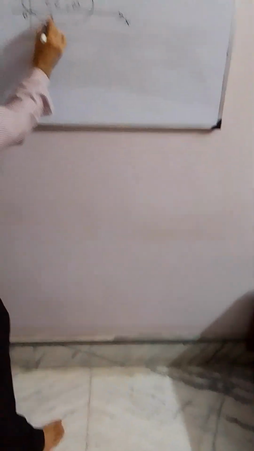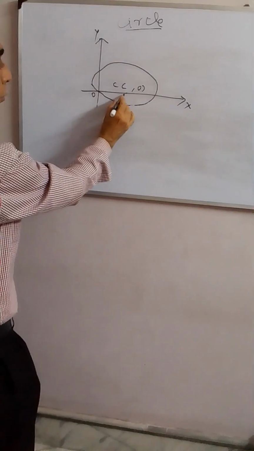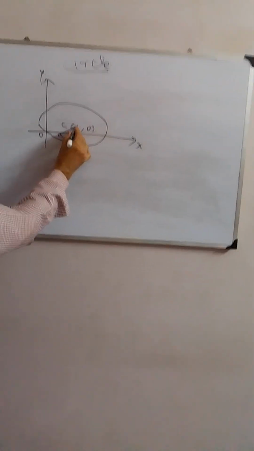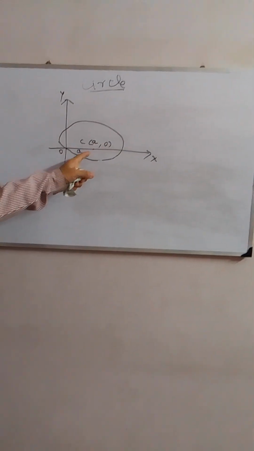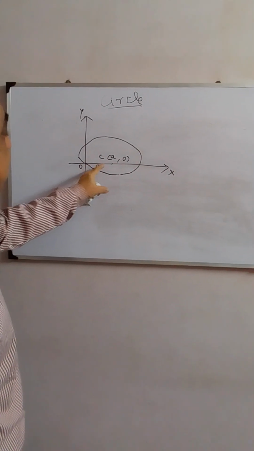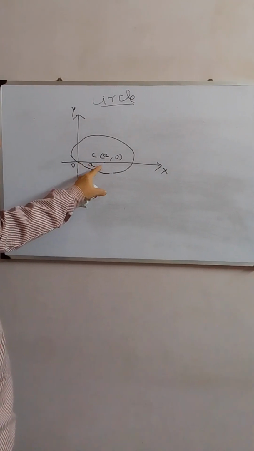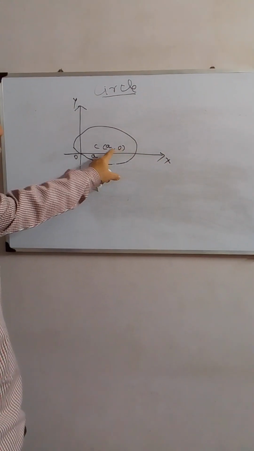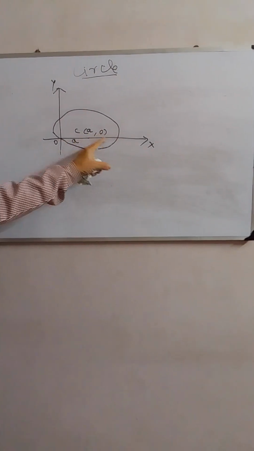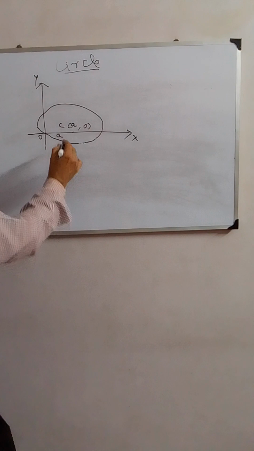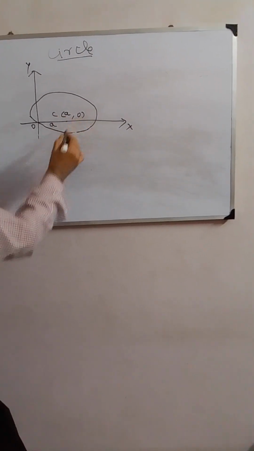CO is the distance of the center from the circumference, so the radius is a. So its x coordinate will be a, because the distance of the point C from the origin is a. The y coordinate of the center is 0, because any point lying on the x-axis has y coordinate 0. So the center's coordinates will be (a, 0).